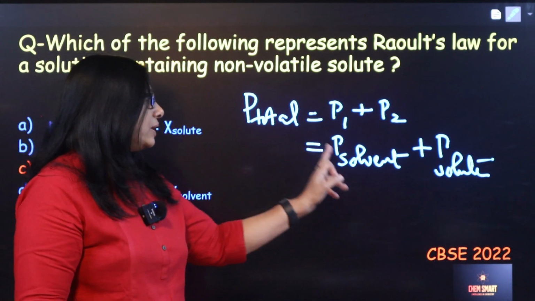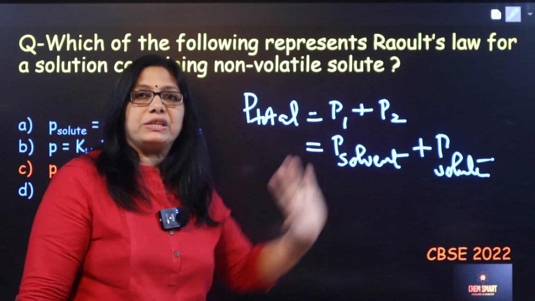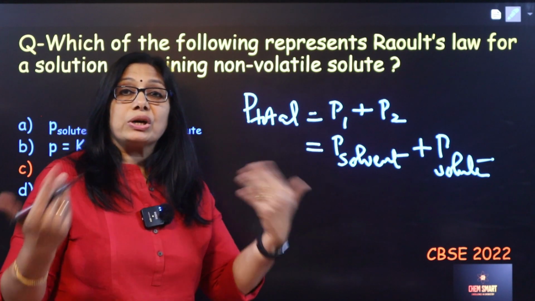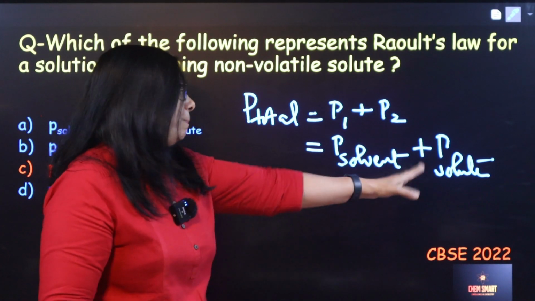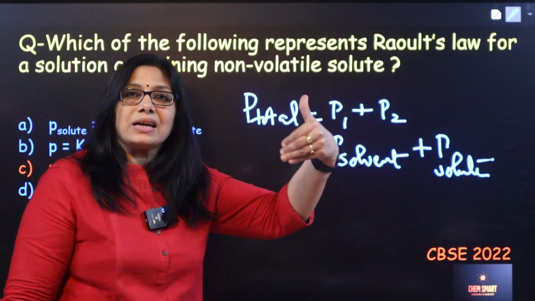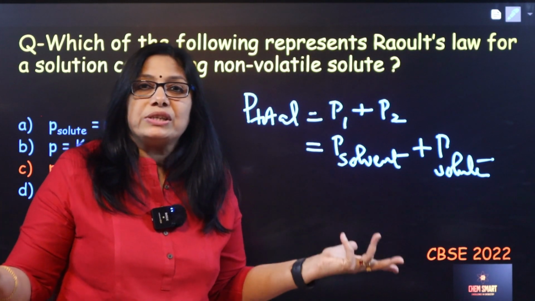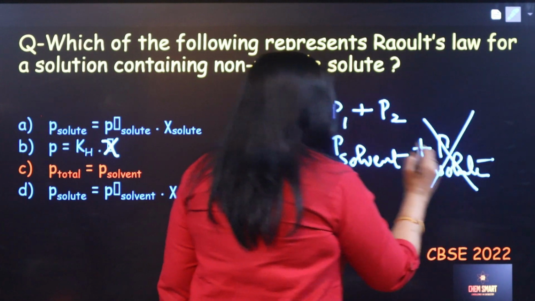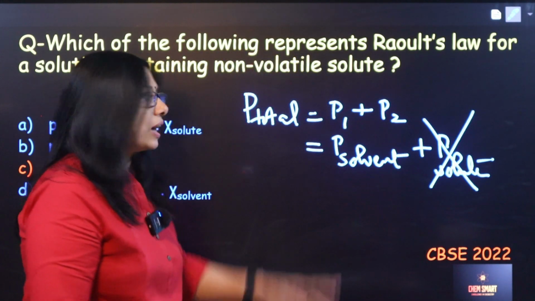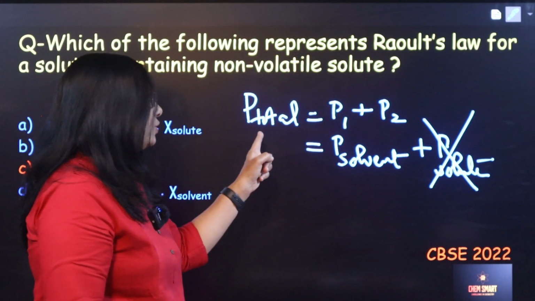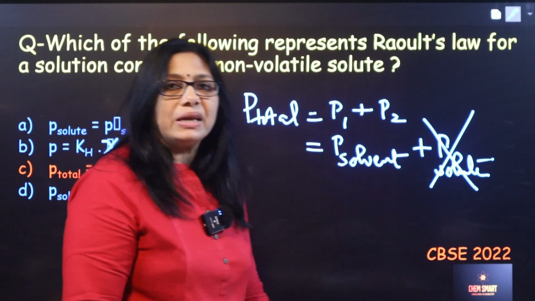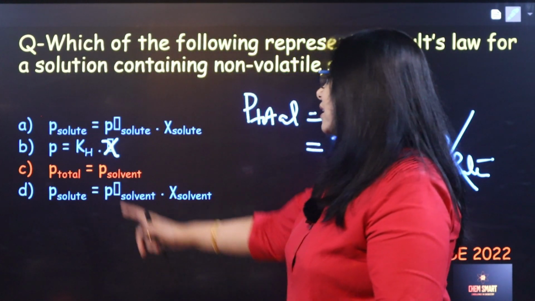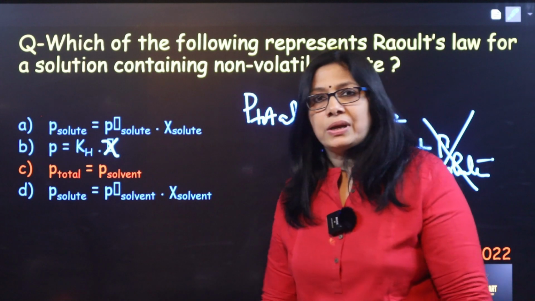So P total is equal to P solvent plus P solute. Here you are told that P solute is out of question because the solute is not volatile. So you just neglect this. Therefore, the correct answer has to be P total is equal to P solvent. So the answer is option C.